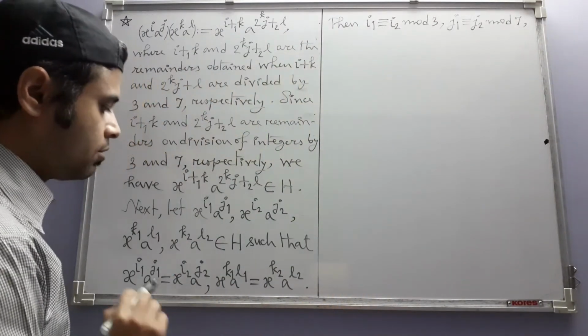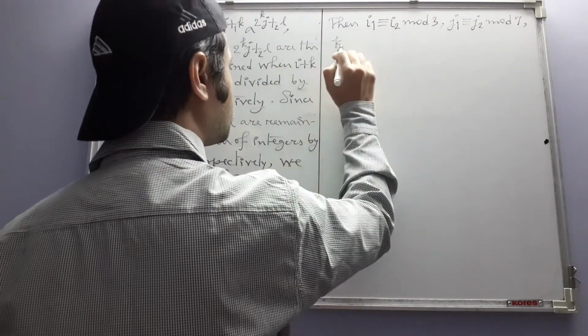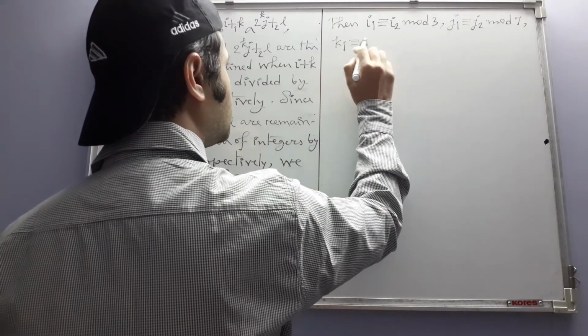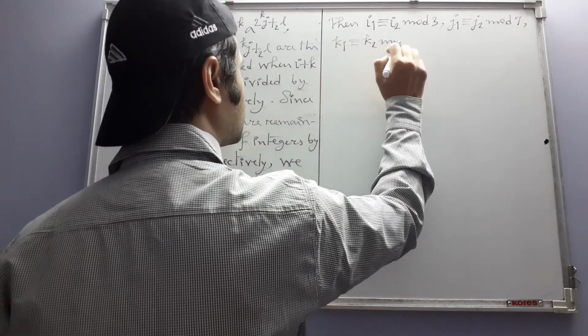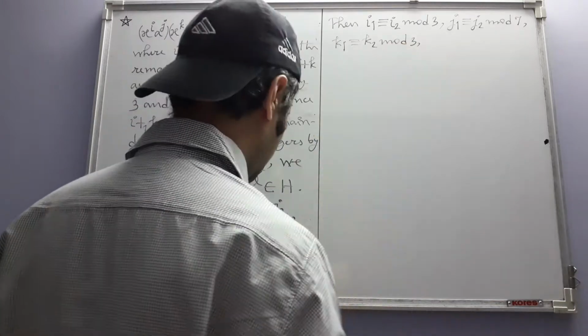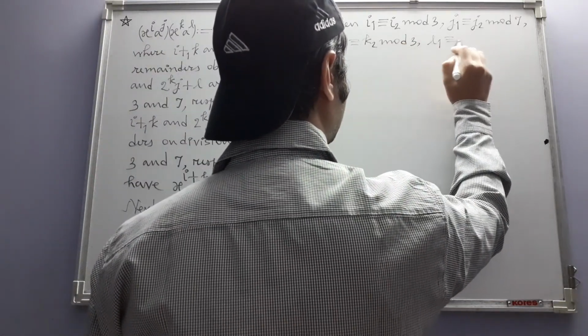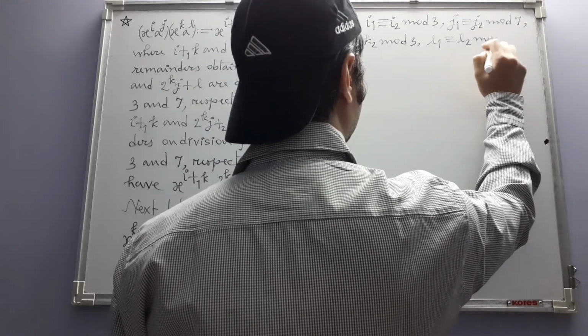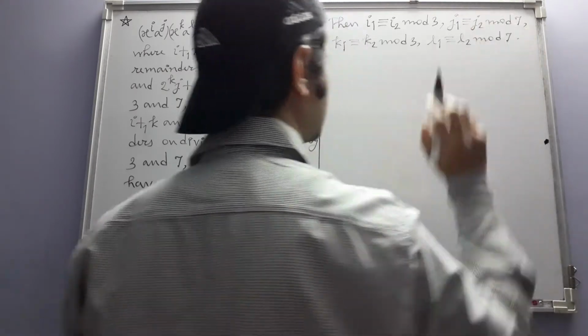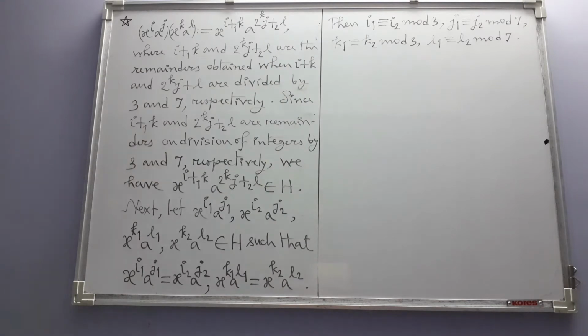From the second equality, similarly, K1 is congruent to K2 mod 3 and L1 is congruent to L2 mod 7. Okay, fine.